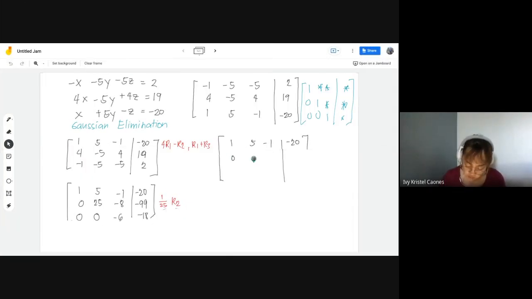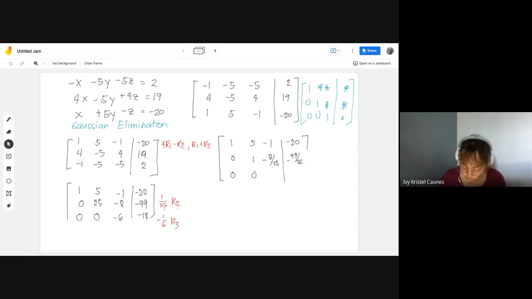Since it's Gaussian, we can continue this with -1/6 R3. But if you're not yet that familiar, we go step by step. Element 2,3 will become -8 over 25. Then the last one will be -99 over 25. It's okay if it's like that.